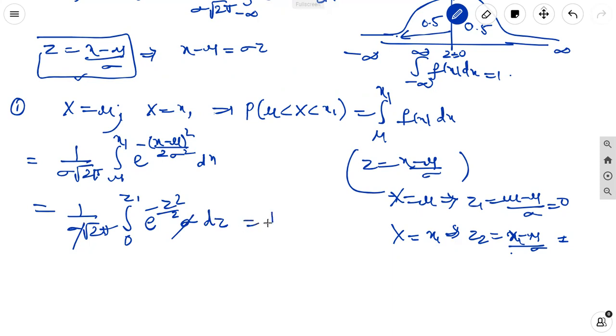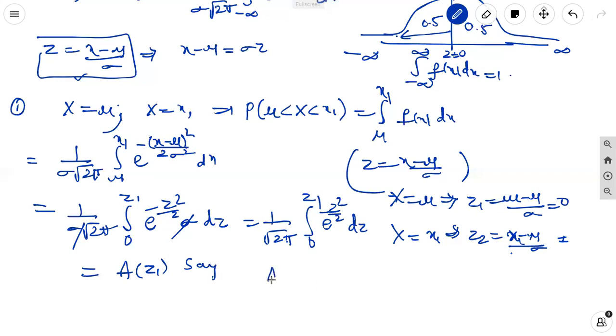We get 1 by root 2 pi integral from 0 to z1 of e power minus z square by 2 dz. It is an even function. This integral is called the area of z1, that is, A of z1.